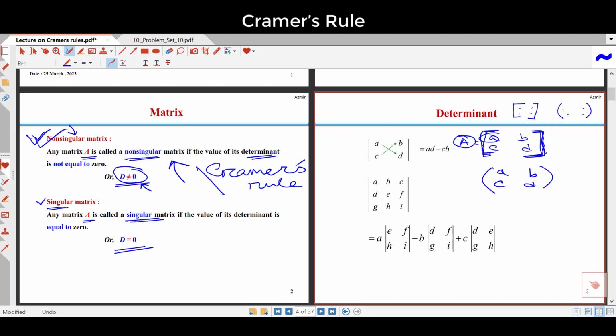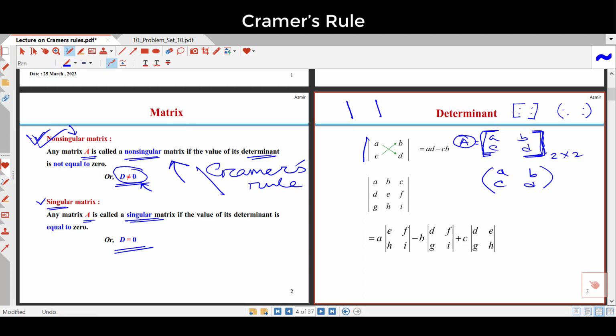But if you are going to find the determinant of any matrix that is square, where the number of rows and number of columns are the same, then the determinant can be written with vertical bars. You can see here and here.